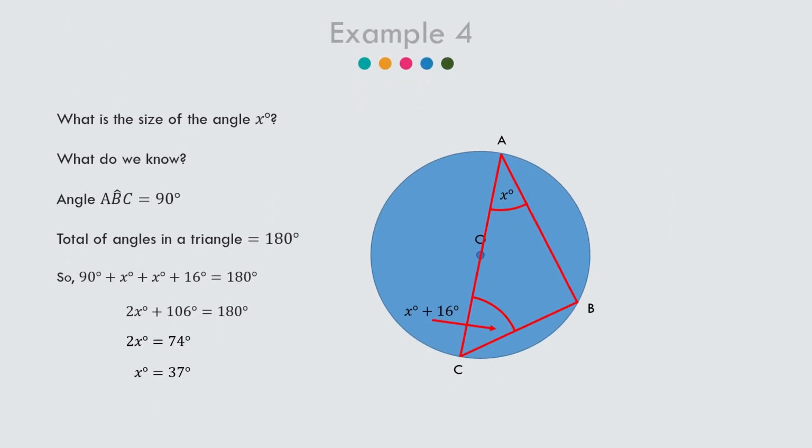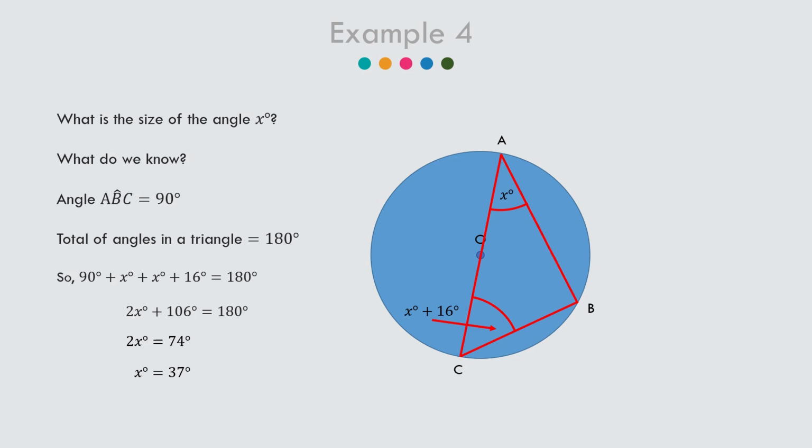In this example, we need to calculate the angle x. We know that if we add all the angles together, the sum of the angles is 180 degrees. We also know that at point B there is a 90 degree angle. So let's add up 90 degrees plus x plus x plus 16.